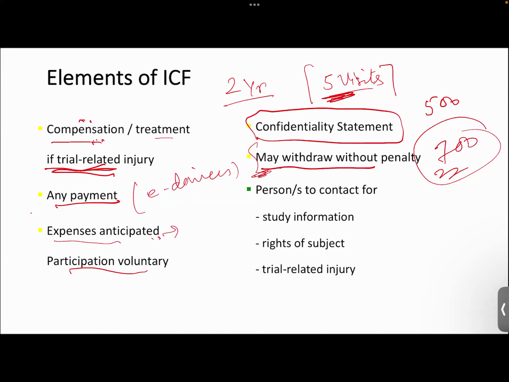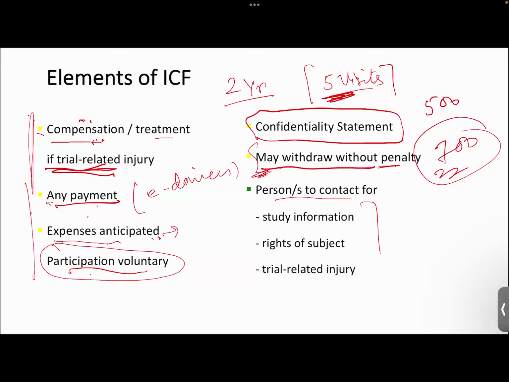Compensation, any treatment, any payment, expense anticipated, participation voluntary: this is one sentence in a protocol, but part of this information is additional, which comes from a sponsor. They can withdraw their consent without any penalty, and this is also a statement in the protocol.